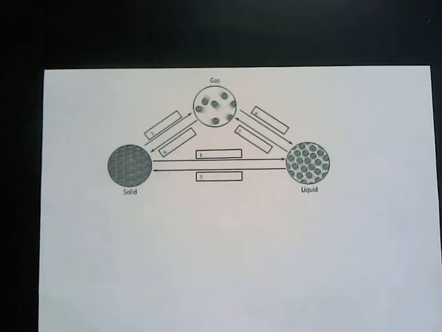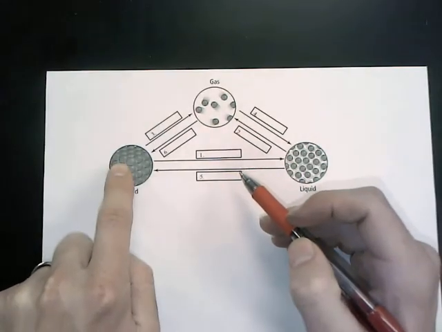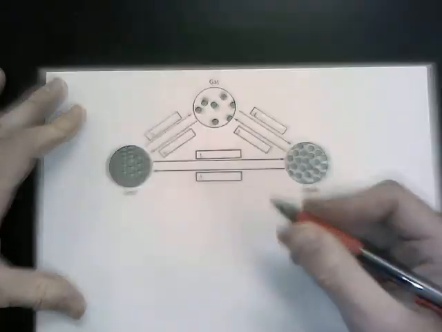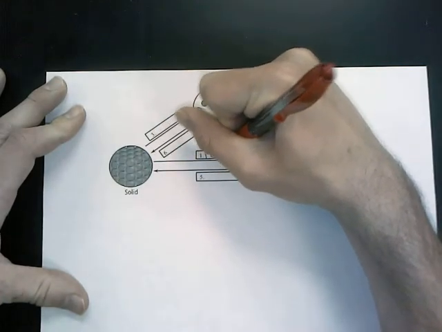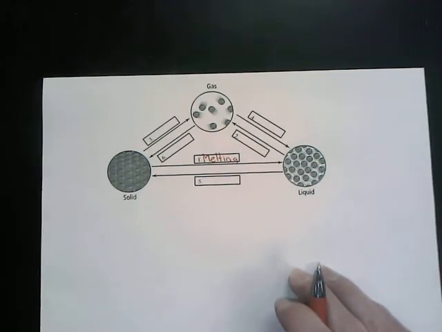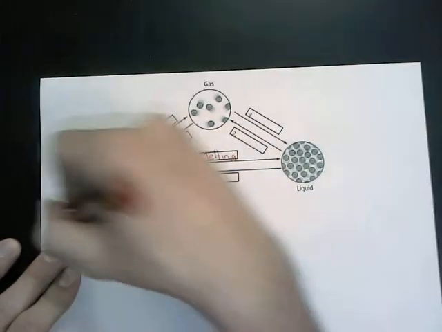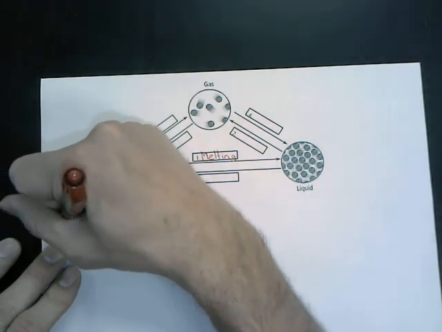Starting with number 1, we are going from a solid to a liquid, and this process is known as melting. Down below here, I am going to put a number 1 to emphasize melting.